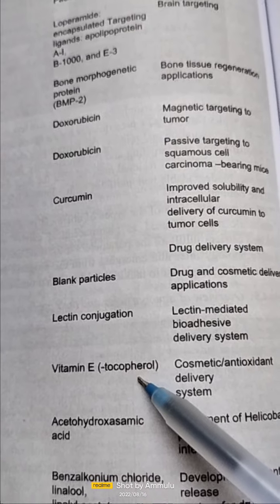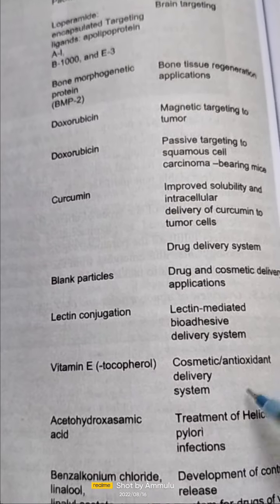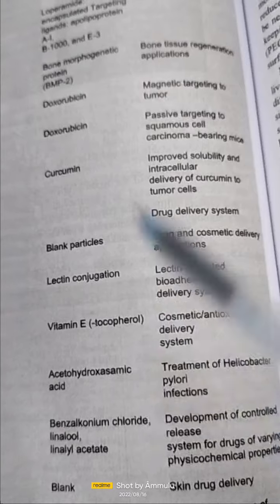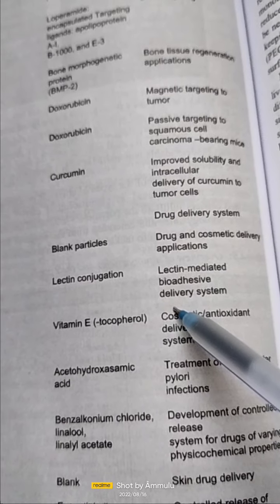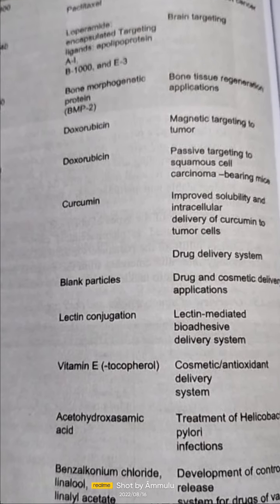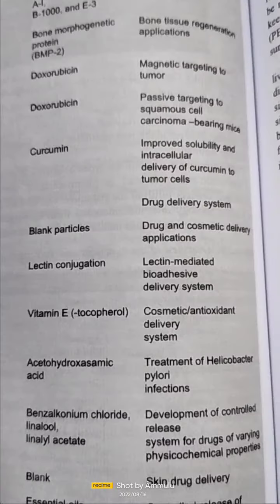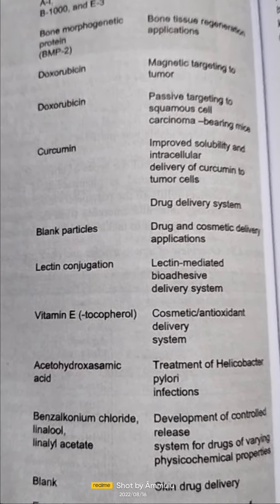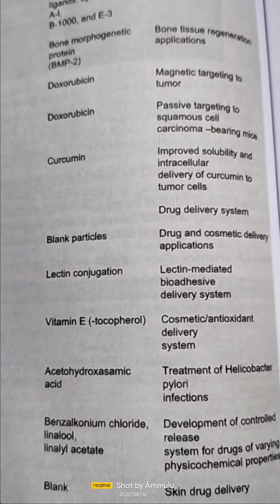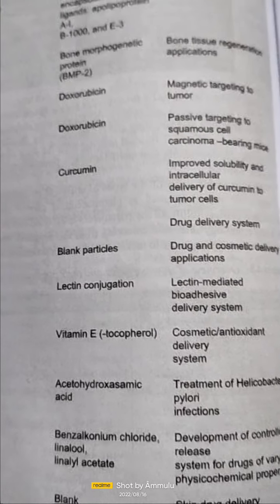It is used as an antioxidant, which is a cosmetic delivery system. It has a particle size of 900 nanometers. This also binds to the gliadin polymer, and hydroxybenzoic acid also binds to the gliadin, and is used mostly for Helicobacter pylori infections.